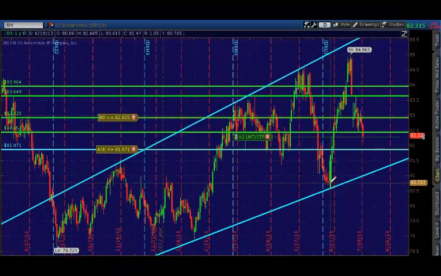All of these levels here we provide to our premium subscribers each and every week so that they can easily transition them over to their own trading platforms, and the market becomes easy to follow because it's pretty much done for you.